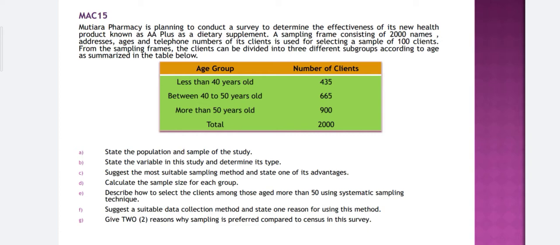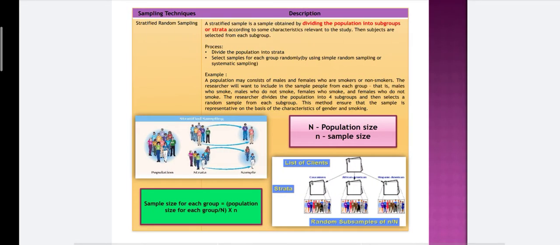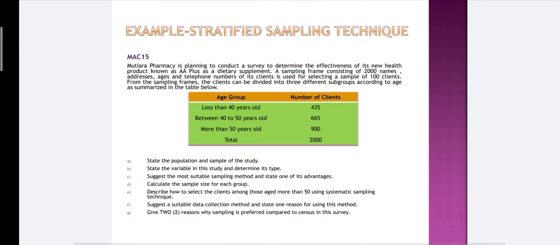Calculate the sample size for each group. So tadi altogether sample size kita nak ambil 100 client sample. So macam mana you nak ambil 100 client tu daripada setiap subgroup. Macam tadi kan, dia punya formula, population size for each group divide dengan total population multiply dengan sample size needed. So untuk first group, 435 ni adalah population untuk first group.